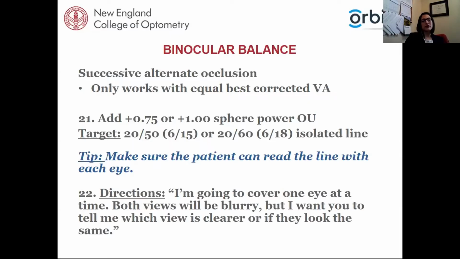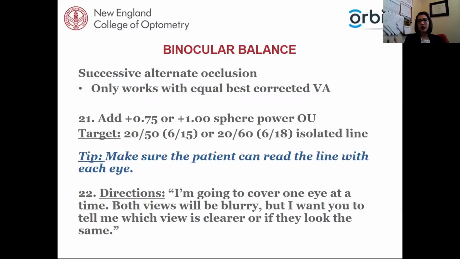So this is successive alternate occlusion. Any binocular balance technique will only work if you have equal best corrected VA between the two eyes. So if both eyes are 20/20, then you can do this. If both eyes are 20/25, then you can do this.